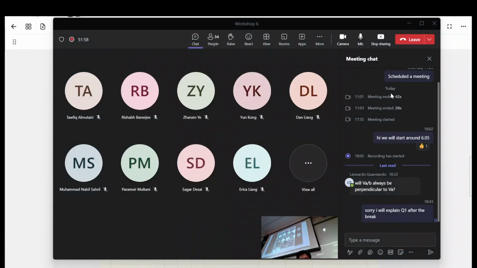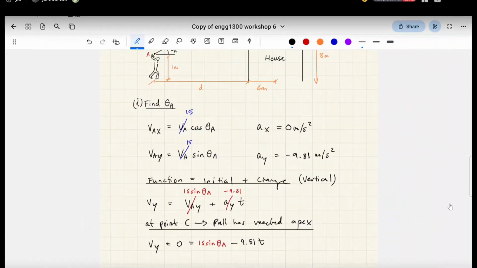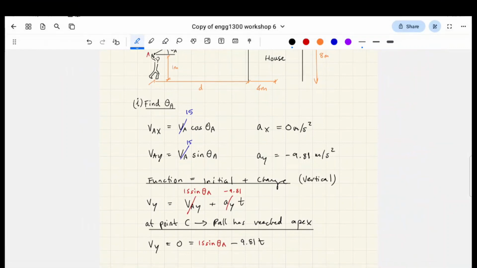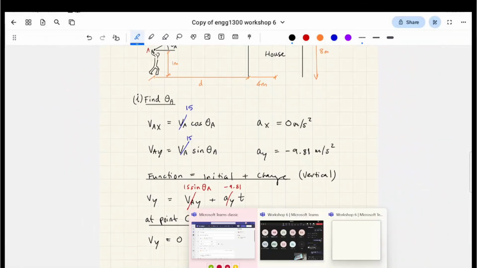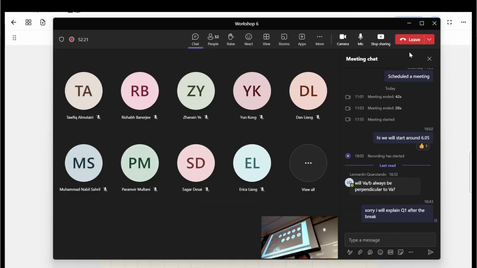I'm gonna check if anyone has questions. Oh, does anyone still need the QR code? Has everyone got the QR code?